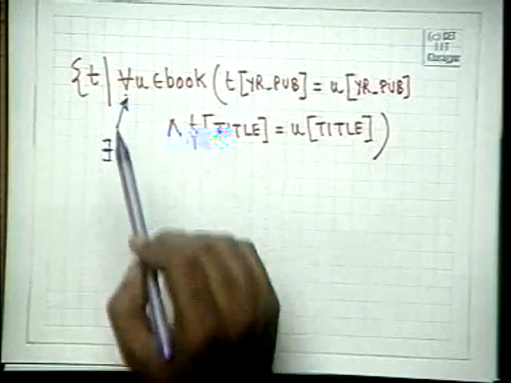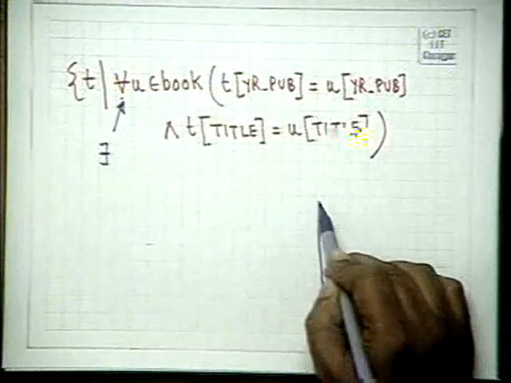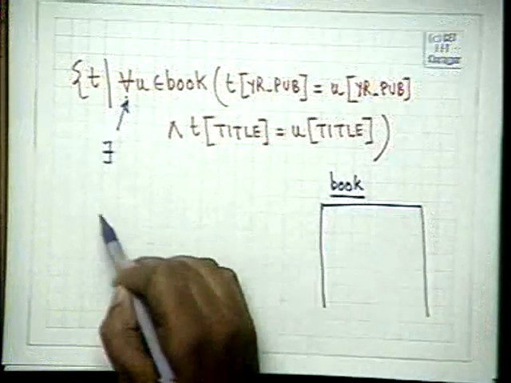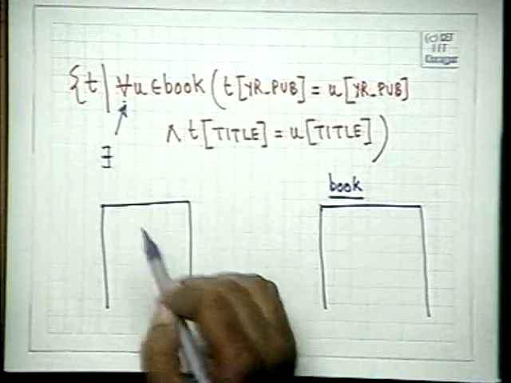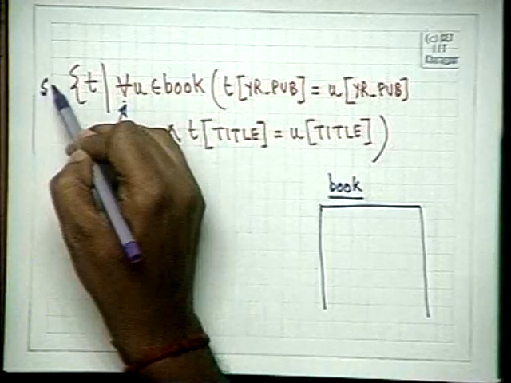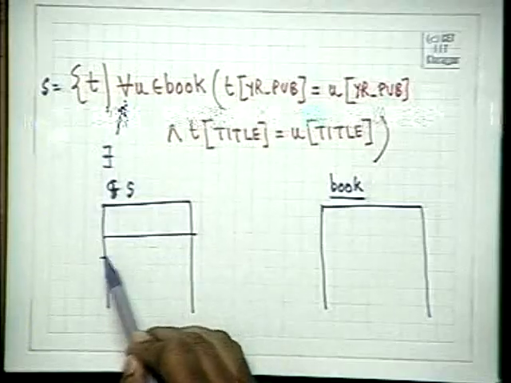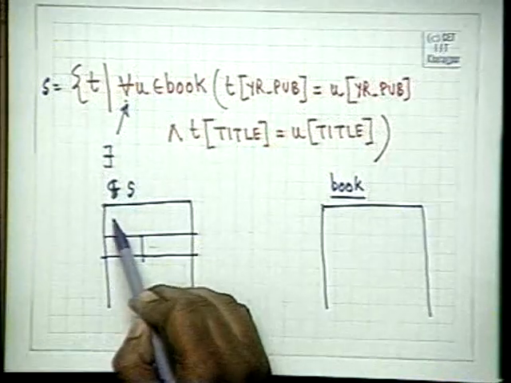So I will just select out the year of publication and title. Whereas this means that this is book and this is the relation S. It means that this will have two attributes, year of publication and title.